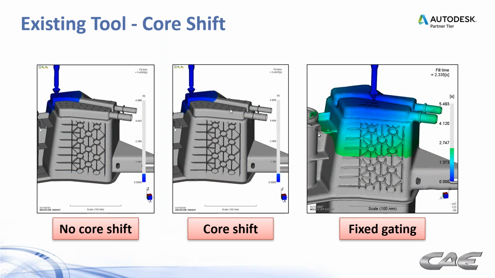So they were planning on building a new tool to mitigate this, an expensive fix, to be sure. So we recommended they move the gate over to the side. And we actually ran a core shift analysis on this, full 3D analysis, and you can see in this case, we got very even flow on both sides of this core and eliminated that core shift.